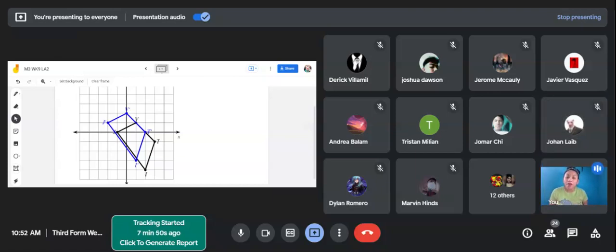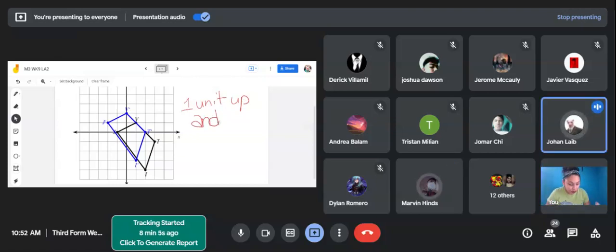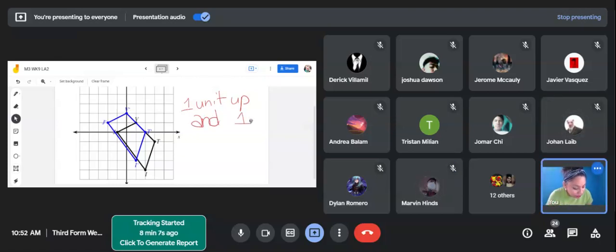How many units did it go up? 1 unit up. And what else? 1 unit to the left. And that's it. Any questions?